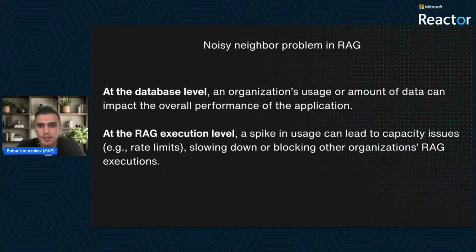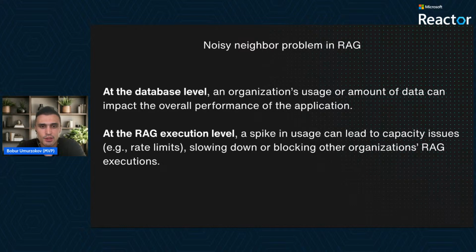As a result, we can see a noisy neighbor problem coming up at two levels for multi-tenant RAG applications. One is at the database level, where the amount of data of one organization or one tenant can impact the overall performance of the application.